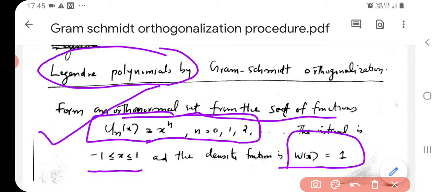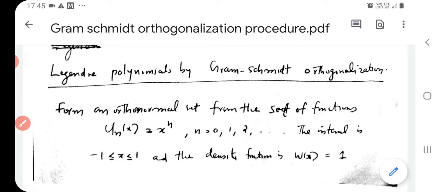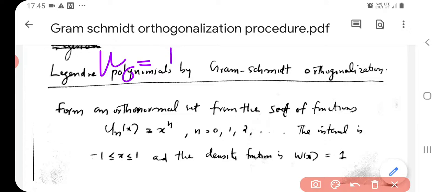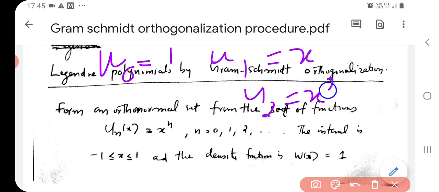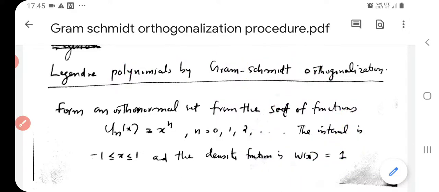Okay, so what are the functions with us? The functions are u0 equal to 1, then u1 equal to x, u2 equal to x square, and u3 equal to x cube.